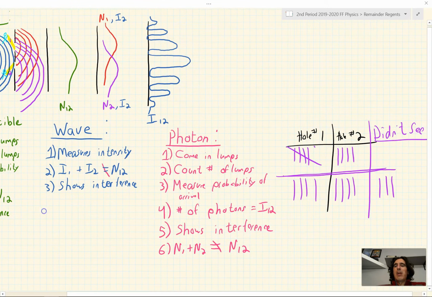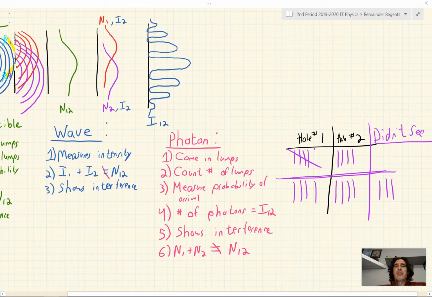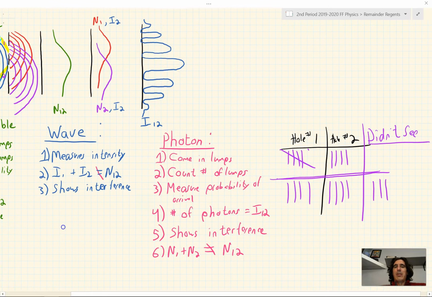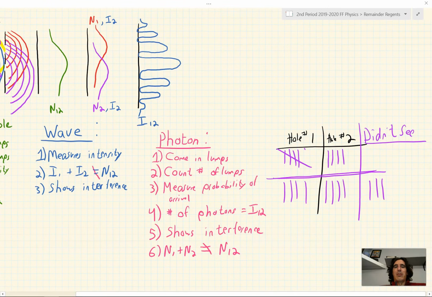But if we don't know which hole the light went through, we're always going to get I12. So by somehow knowing the path that light takes, we're now disturbing how it naturally behaves. And we always get interference patterns if we don't disturb the outcome.